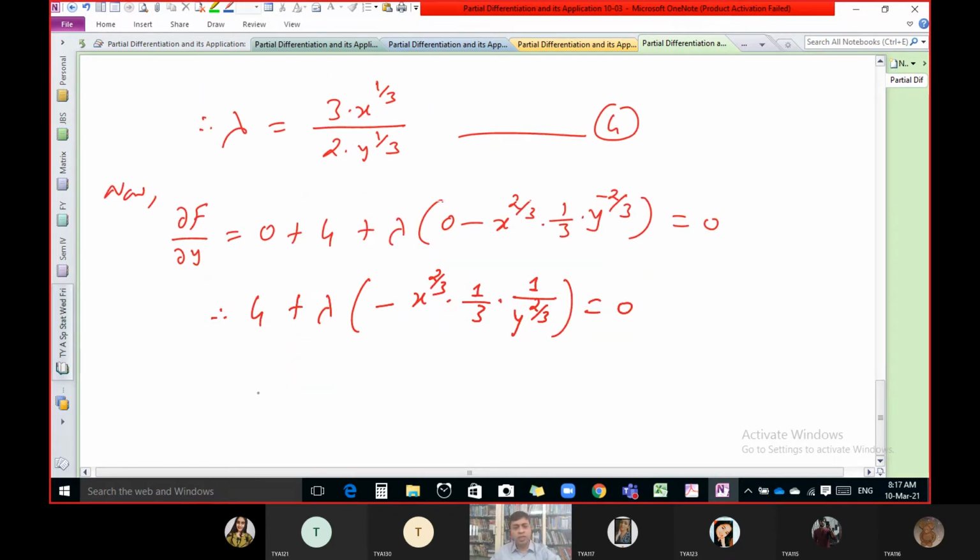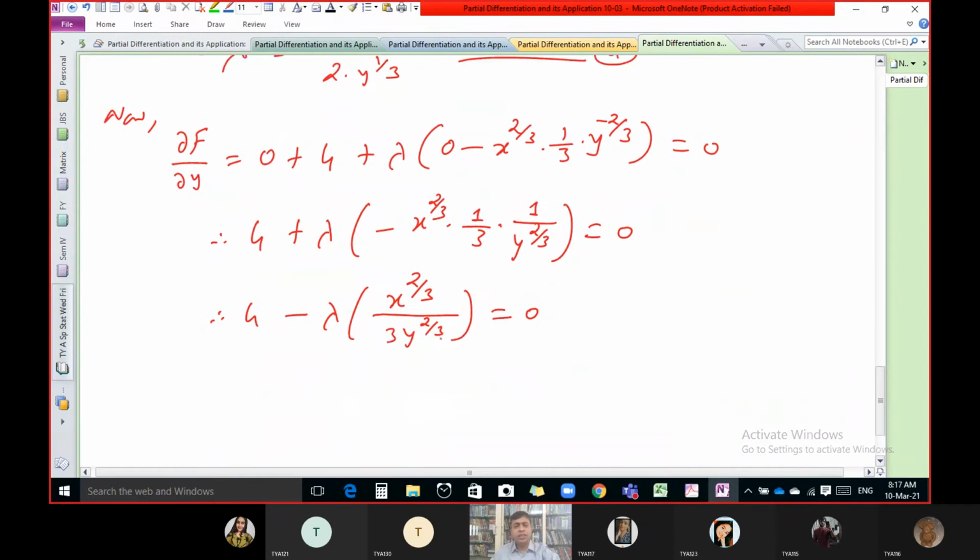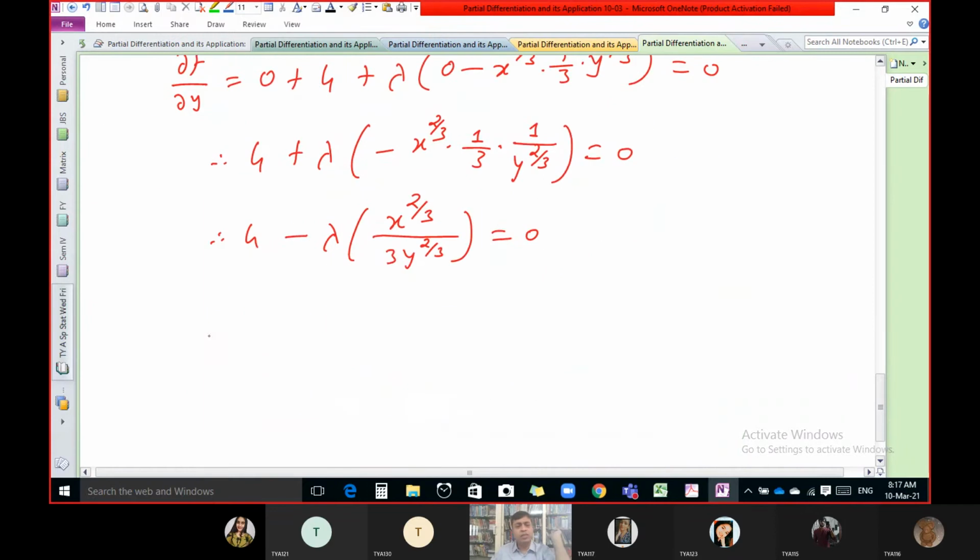Now simplify once again. So this 4 plus minus minus lambda in bracket, what do we get in numerator? In numerator we get only x raised to 2 by 3, and in denominator 3 into y raised to 2 by 3 equal to 0. Next step, take the second term to the other side.